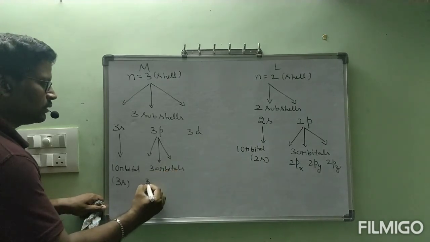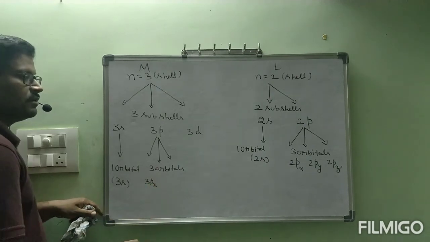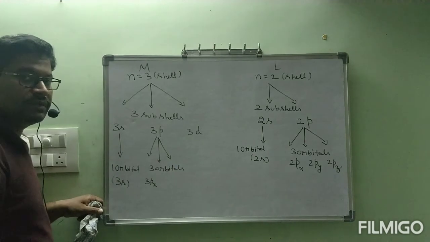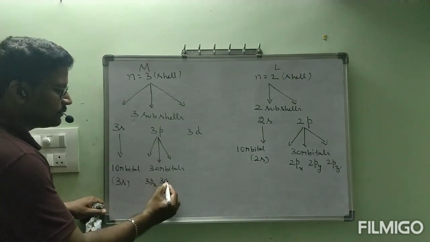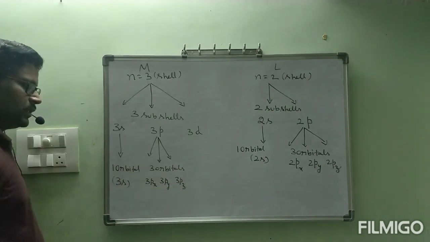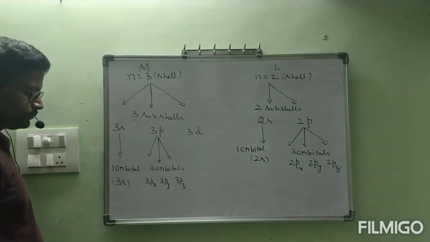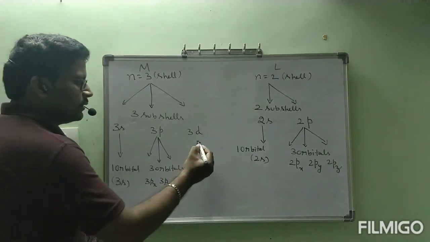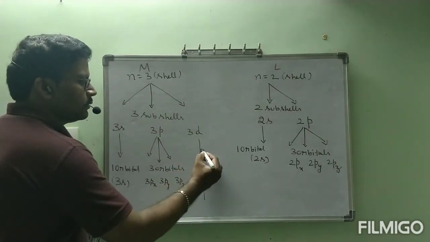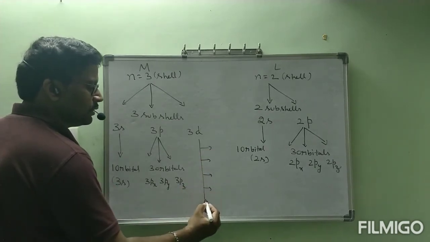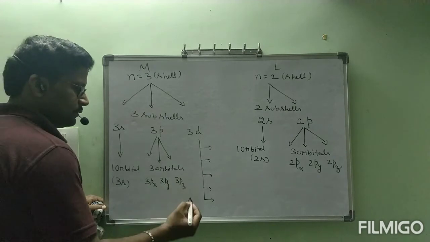Previously these belonged to the second shell, so we got 2px, 2py, 2pz. Now 3px, 3py, 3pz. 3d has 5 orbitals: 1, 2, 3, 4, 5.